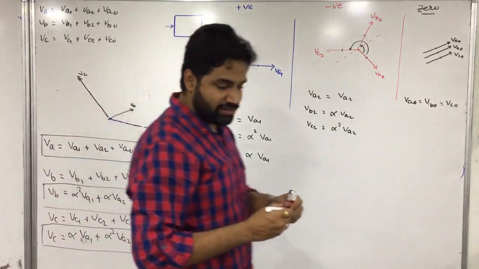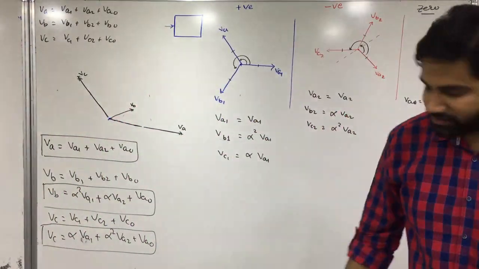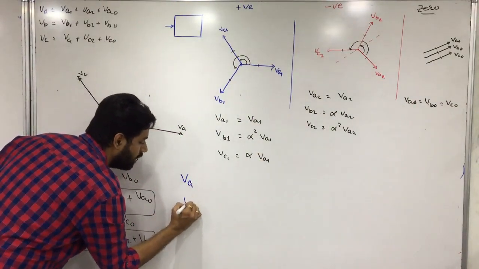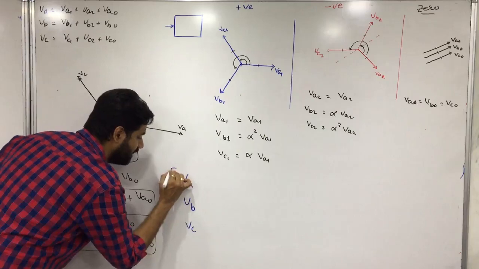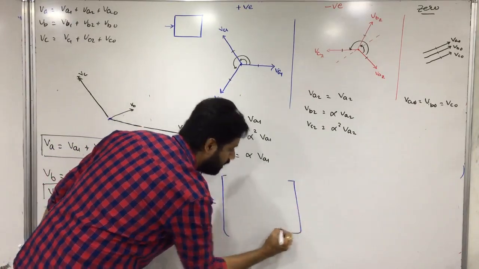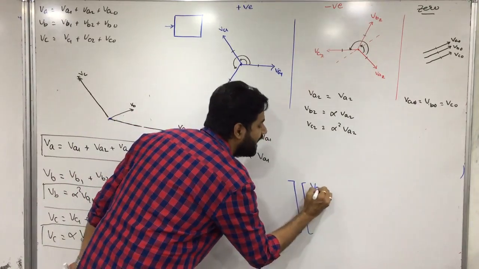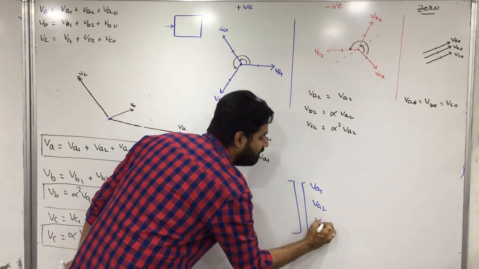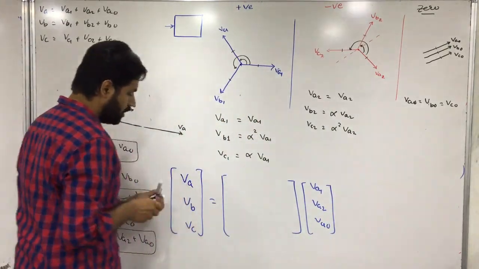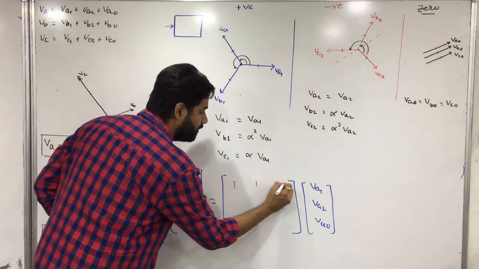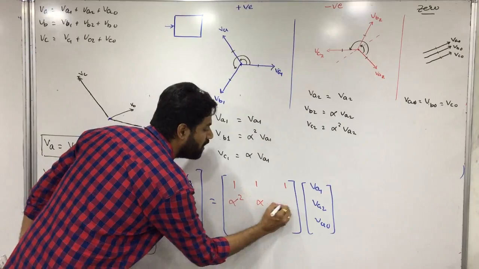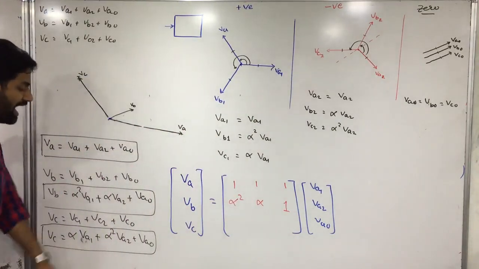All these three equations we are going to write in terms of matrices. So VA, VB, VC is equal to something into VA1, VA2 and VA0. We have the first row 1, 1, 1, the second row alpha square, alpha, 1, and the third row alpha, alpha square, 1.